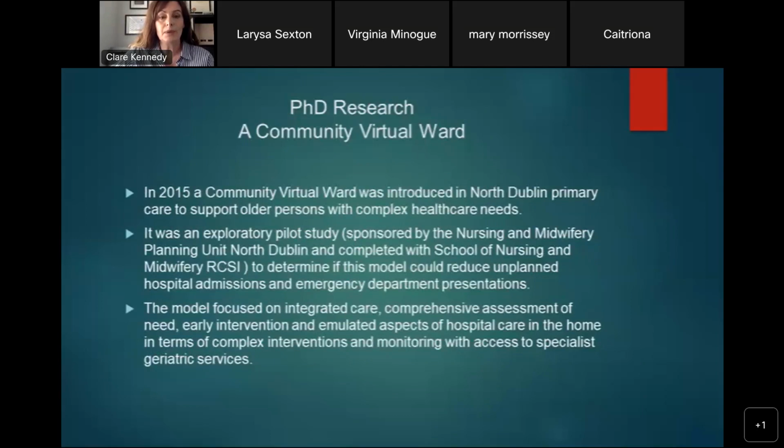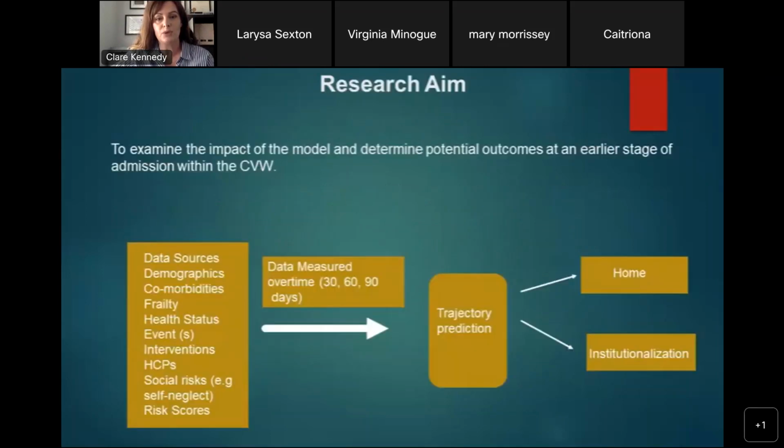And it was for people who were experiencing either functional decline or an acute episode, and to be able to provide early intervention and emulate aspects of hospital care in the home, but look at how we leverage validated risk assessment tools to determine if patients were more likely to remain at home or the risk of institutionalisation was very high. This was sponsored by the Nursing and Midwifery Planning and Development Unit in North Dublin, and it was completed with the Royal College of Surgeons Ireland School of Nursing and Midwifery.